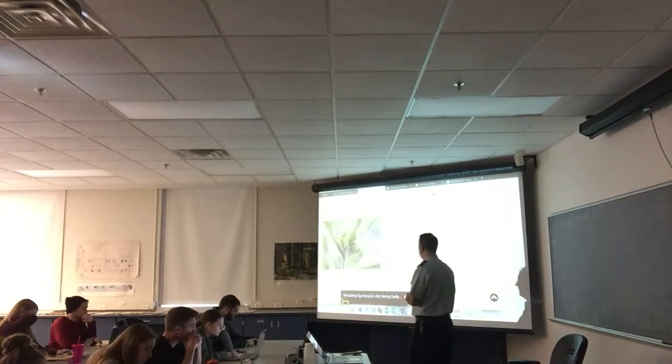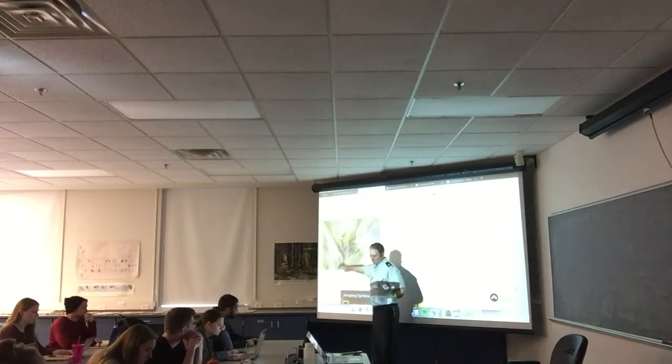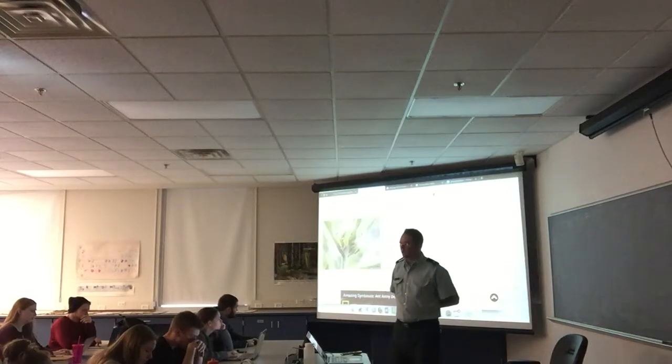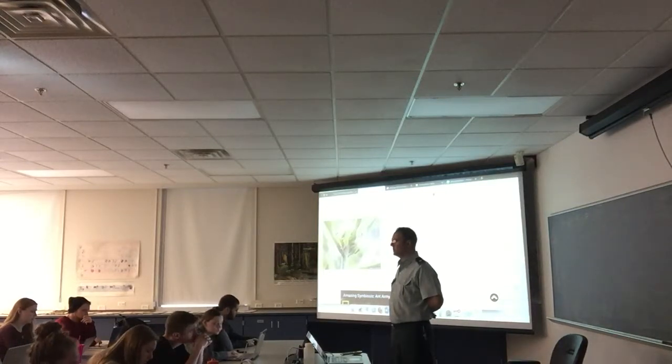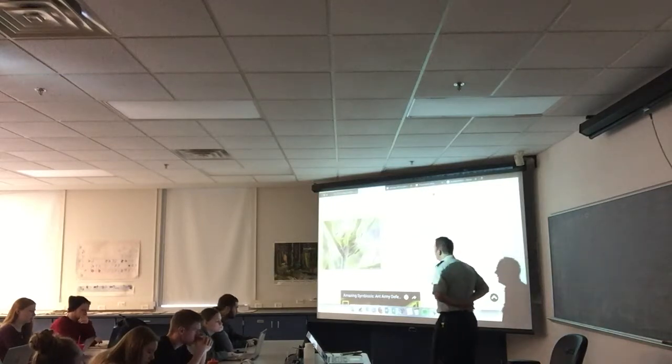If they do interact, they both benefit. So this sunflower has extra floral nectaries. In other words, it's got places where it secretes sugar that are not inside the flower to attract ants.